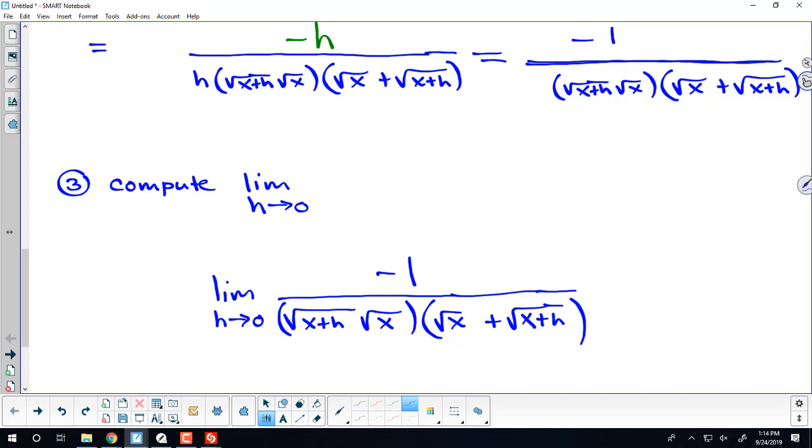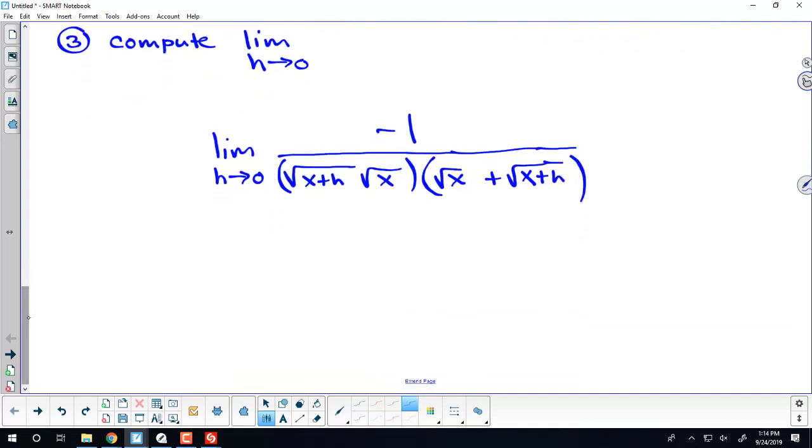So as h goes to 0, we have negative 1 over square root of x times the square root of x times the square root of x plus the square root of x.